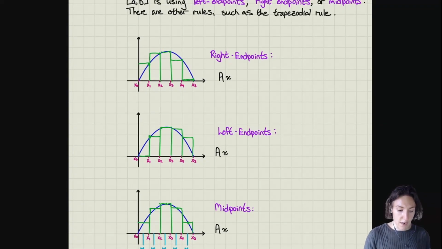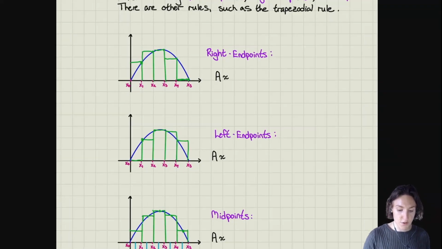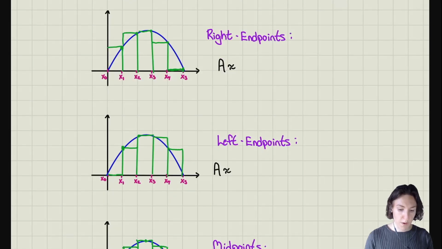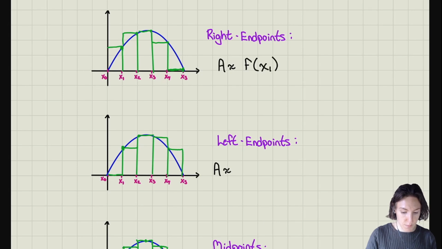So depending on how we draw points, our expression to approximate our area will be slightly different. If I'm looking at this one right here, for the right endpoints, the top of my first rectangle is going to be defined by whatever f gives me if I plug in x1. And so the area would be that value times the width.